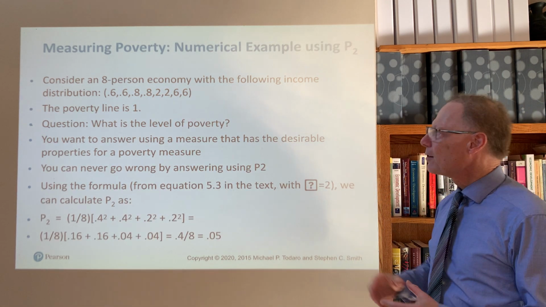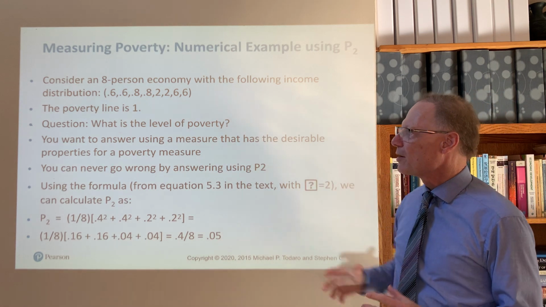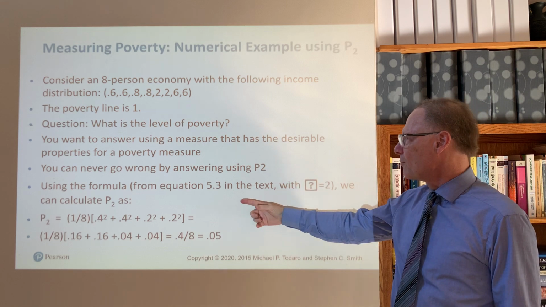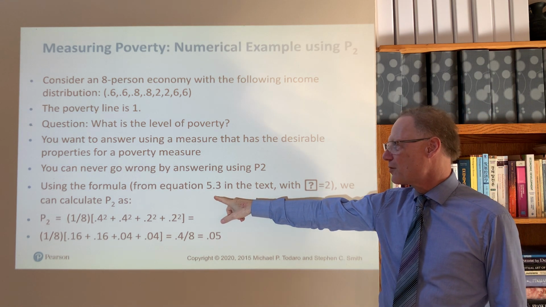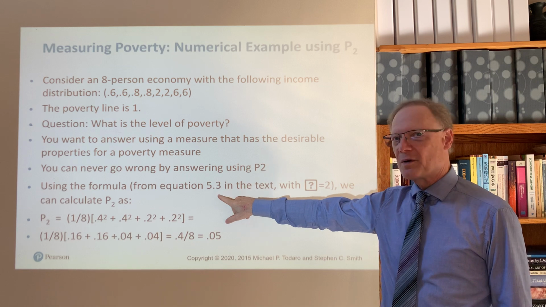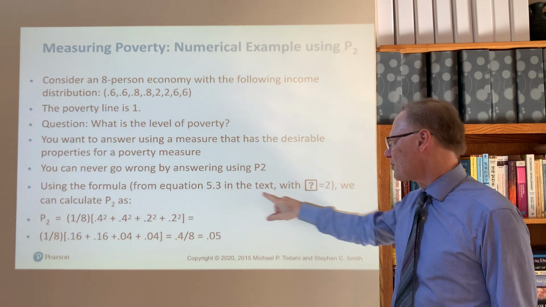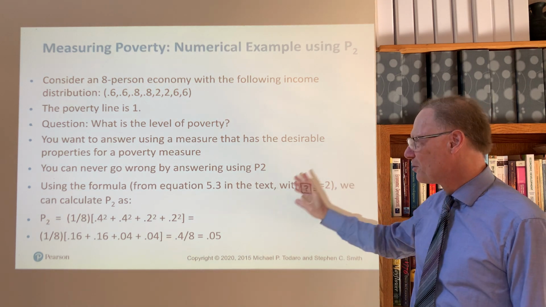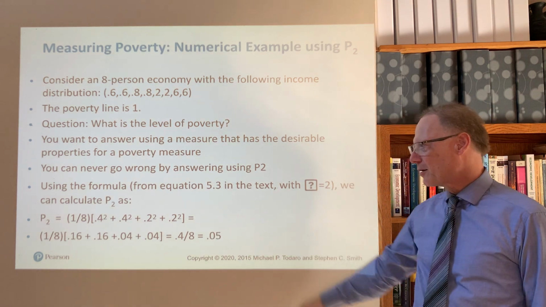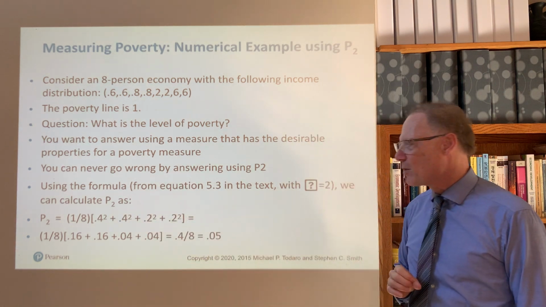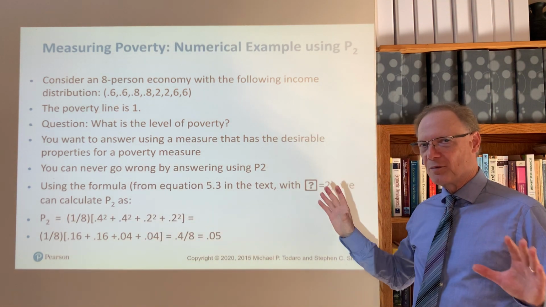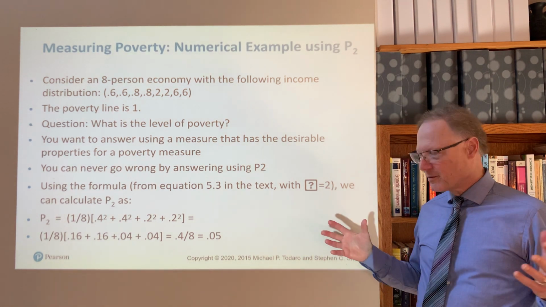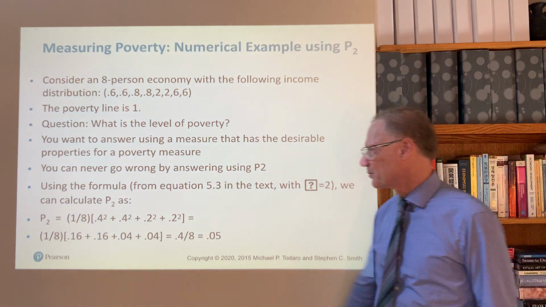To see the difference here, let's look at the same distribution of income and consider P2. So, with regard to using the formula, this is based in equation 5.3 in the text, that P alpha expression, at alpha equaling 2, we can then calculate P2 directly. We start with 1/8, because remember we're multiplying all by 1 over the population, to account for the population principle.